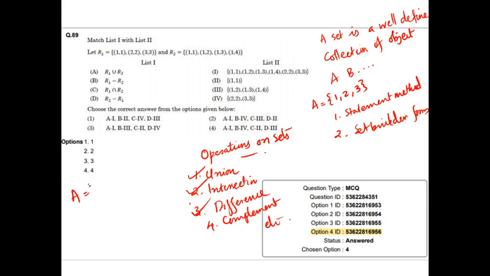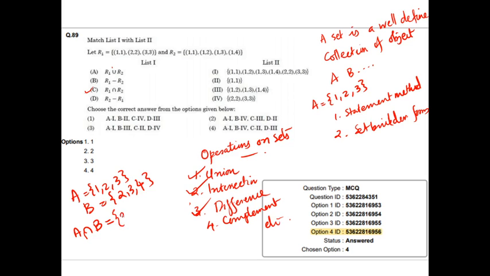Suppose A is the set {1, 2, 3} and B is the set {2, 3, 4}. Let us try to find the solution of A intersection B. That is the symbol given here.